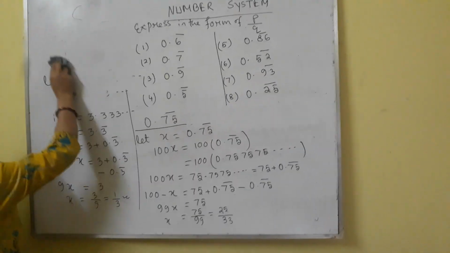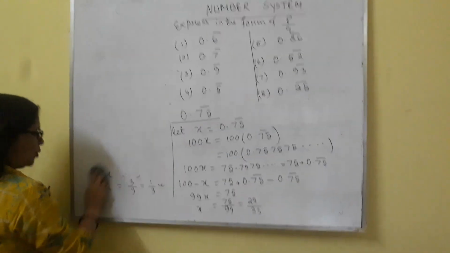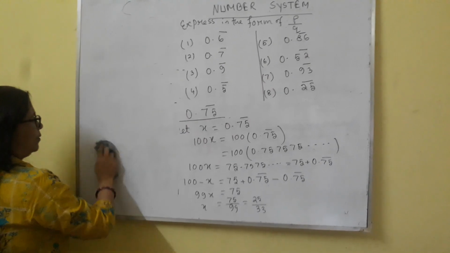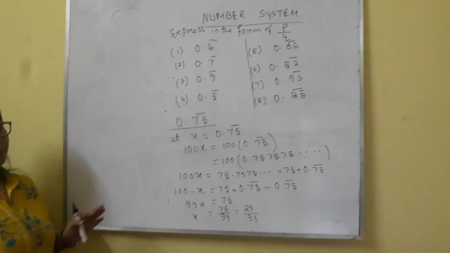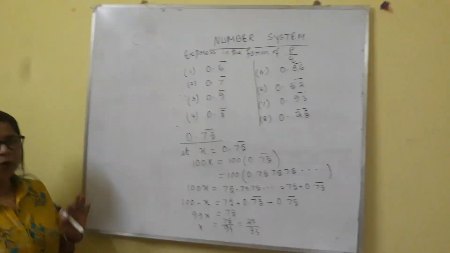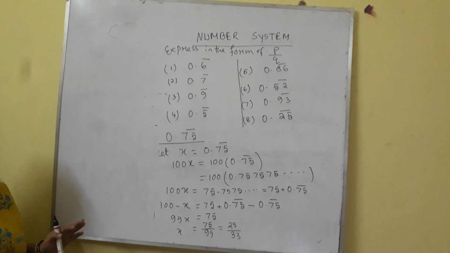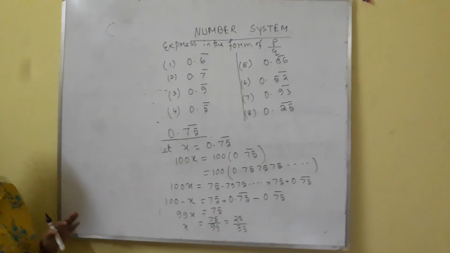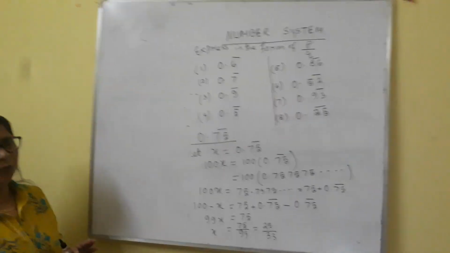Next, in the junior classes you learned the method to convert fractions into decimal form, so in class 9 we are not discussing that again. Any number in fraction form, you are able to convert into decimal form.